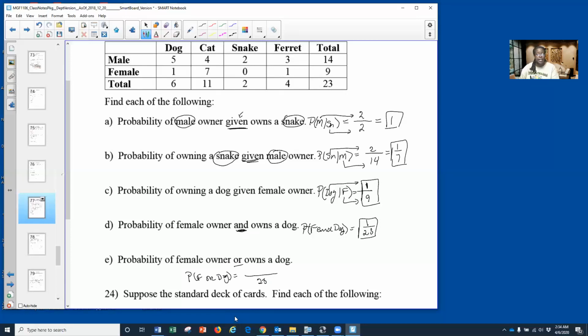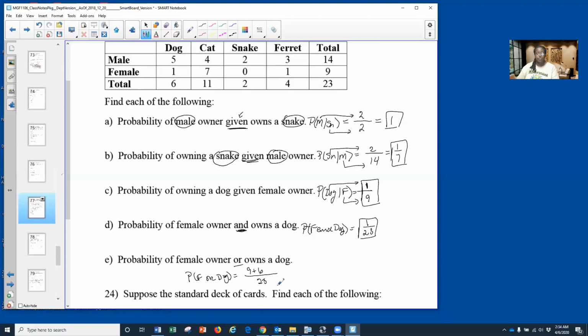Now, how many females do we have? Look at the top table, and I know you figured it out all the way over here, 9. Then how many dogs do we have? You see it, 6. Training our eye to read our table.